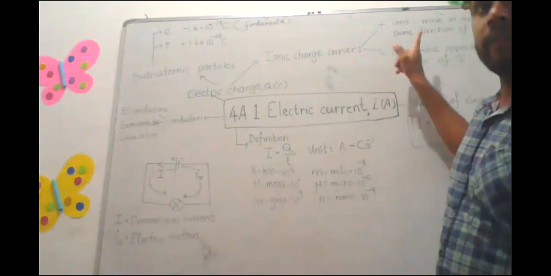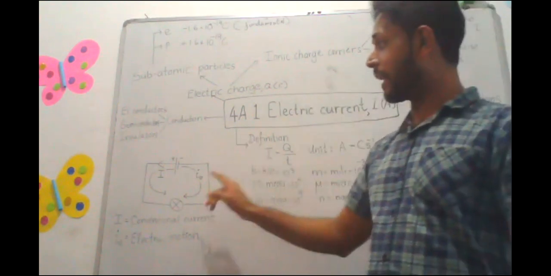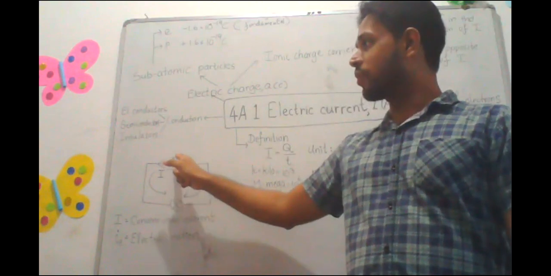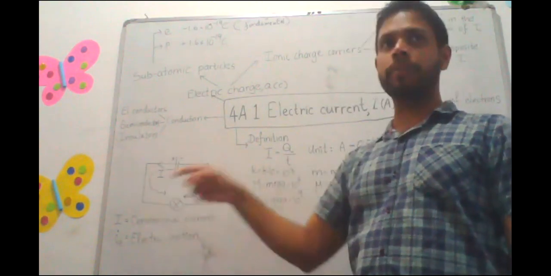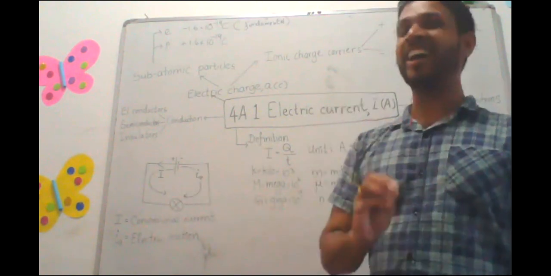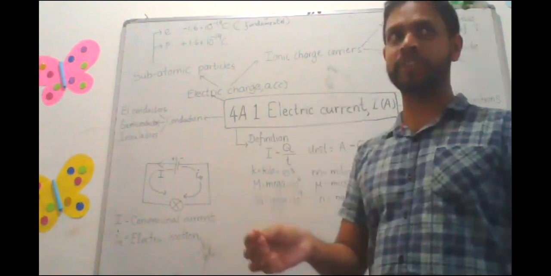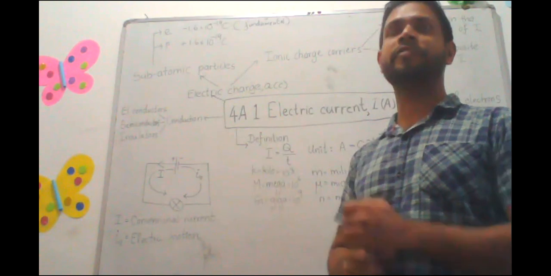Then I was talking about electric current and electron motion. Here it is well explained. Electric current is always positive to negative. Electron motion is negative to positive because electric charges feel forces in an electric field.